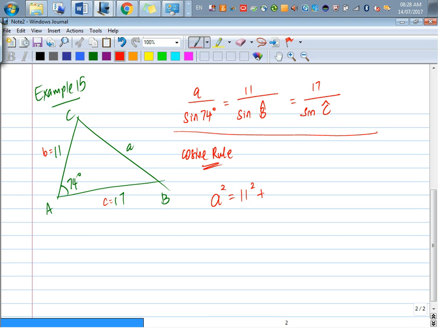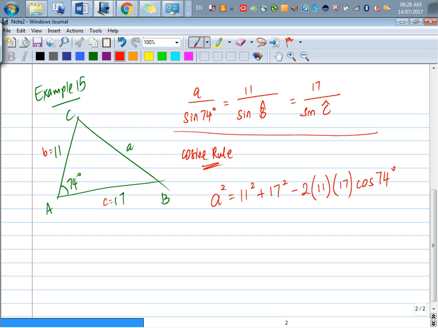Plus, how much is c? 17. Then what comes next in your formula? Minus 2. Which one is b? 11. Square again. 11, no square. Then multiply by 17. And then cosine what? 74.